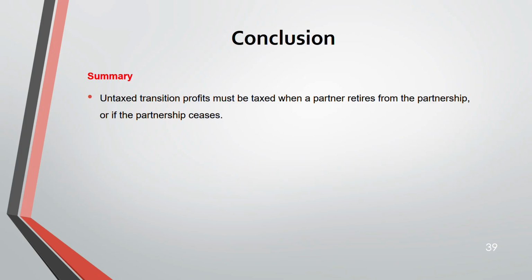And the untaxed transition profit must be taxed on the partners when they retire from the partnership. This we have done: 20% of the transition profit. Transition profit will be given to you. Take 20% and deduct it from your transition profit. That is the amount that will be taxed when you retire. We have done it when the partnership was ceasing.